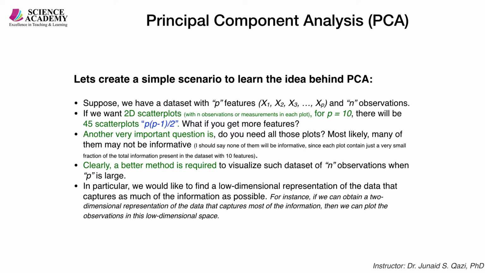In particular, we would like to find a low-dimensional representation of the data that captures as much of the information as possible. For instance, if we can obtain a two-dimensional representation of the data that captures most of the information, then we can plot the observations in this low-dimensional feature space.